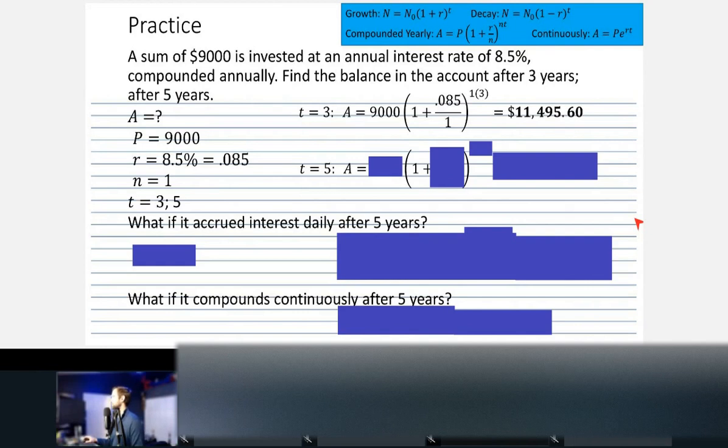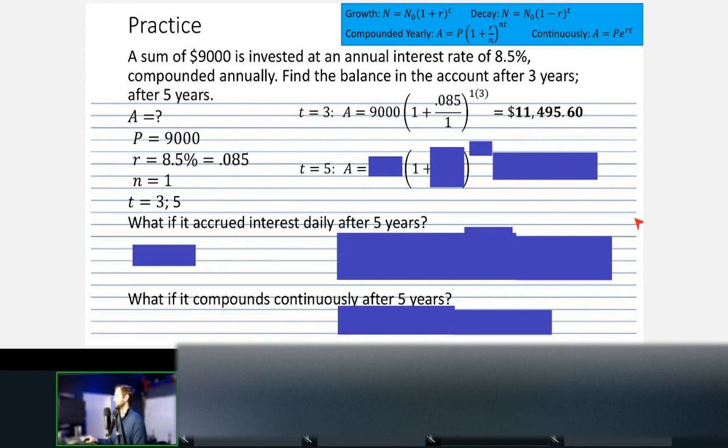I saw one of you already entered it. Let me scroll up. So you said it was $13,532.91. All right, so we got another one with 91 cents. We got someone else that has $13,765.63. So you're off by a couple hundred, a little less.